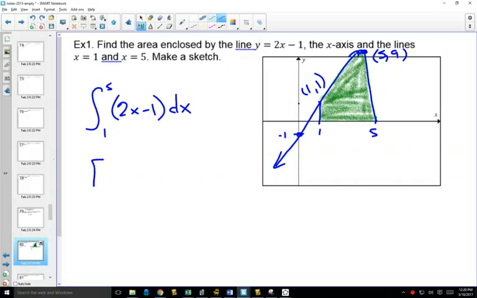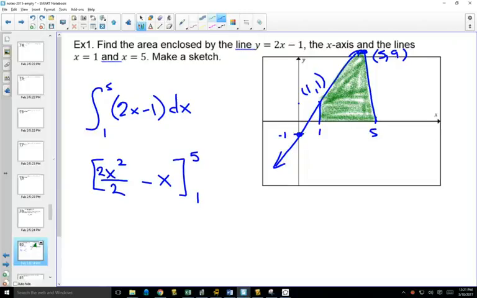How do we do that? Well, the integral will be 2x squared over 2, minus x, from 1 to 5. I'm using the technique rather than just writing it out. If you wrote just x squared because you could see it, that's perfectly fine. But what do we do? We add 1 to the exponent and divide.